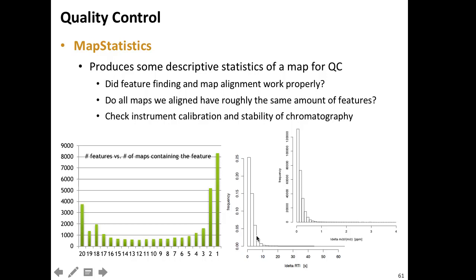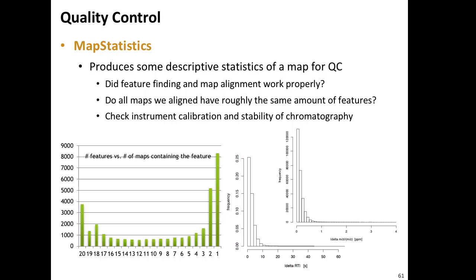But if you see this going up to minutes, then again you might have a problem in your chromatography and the reliability of the chromatography. That can easily happen if someone switched the columns within the experiment. And then it might be good to correct for that by aligning the first batch and then aligning the second batch independently, and then think about how to bring them together.